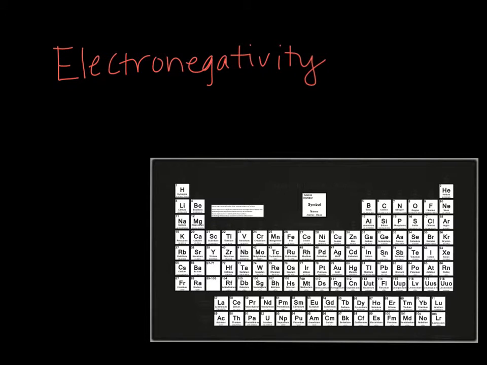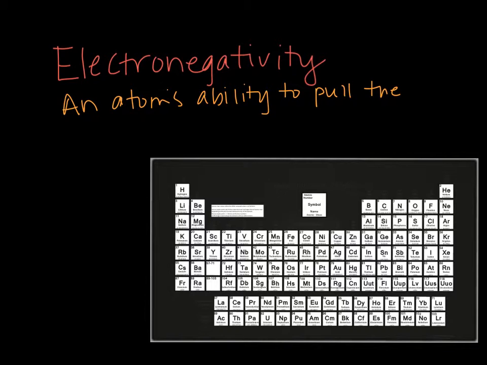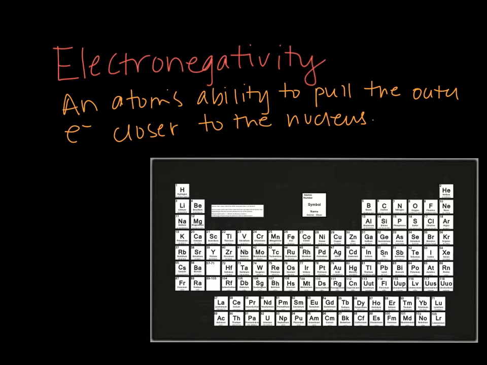Before we can talk about the trends, I need to define these words. So electronegativity is an atom's ability to pull the outer electrons closer to the nucleus. All right, and the trend is on the periodic table.